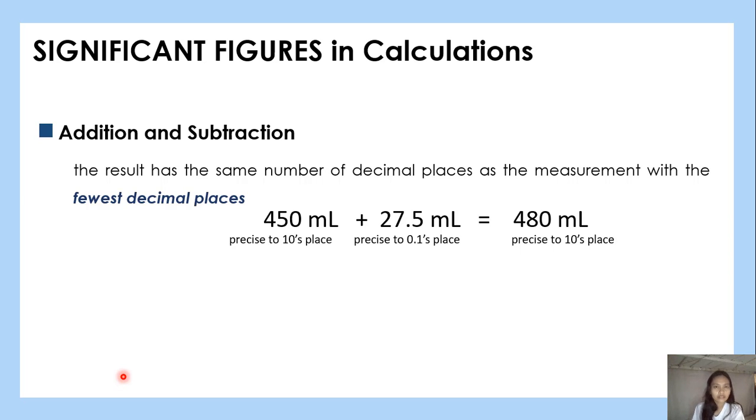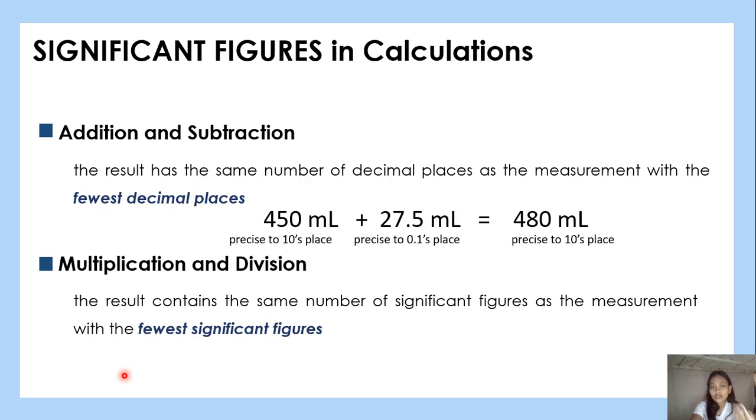That should be the result when adding or subtracting. In multiplying and dividing, the result should contain the same number of significant figures as the measurement with the fewest significant figures. So if in addition or subtraction the basis is the decimal places, in multiplication and division it is the significant figures.